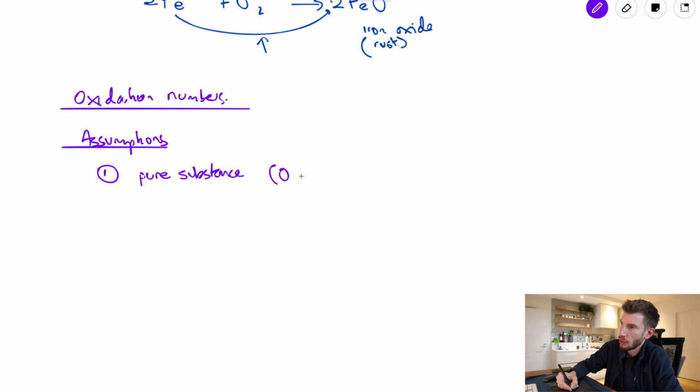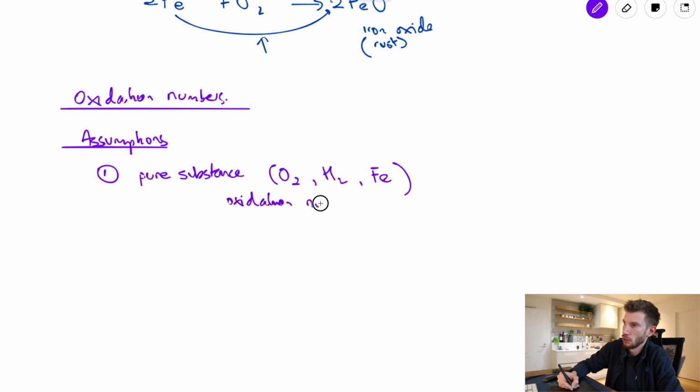So things like oxygen gas, hydrogen gas, all these kind of things. These are all pure substances. Another one would be just iron, right? Pure iron metal. Then what we do is we assume that the oxidation number is 0.